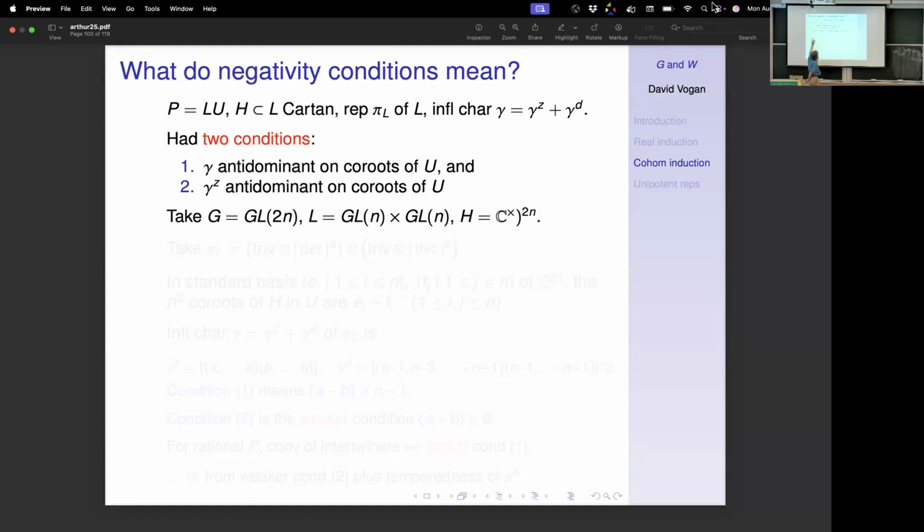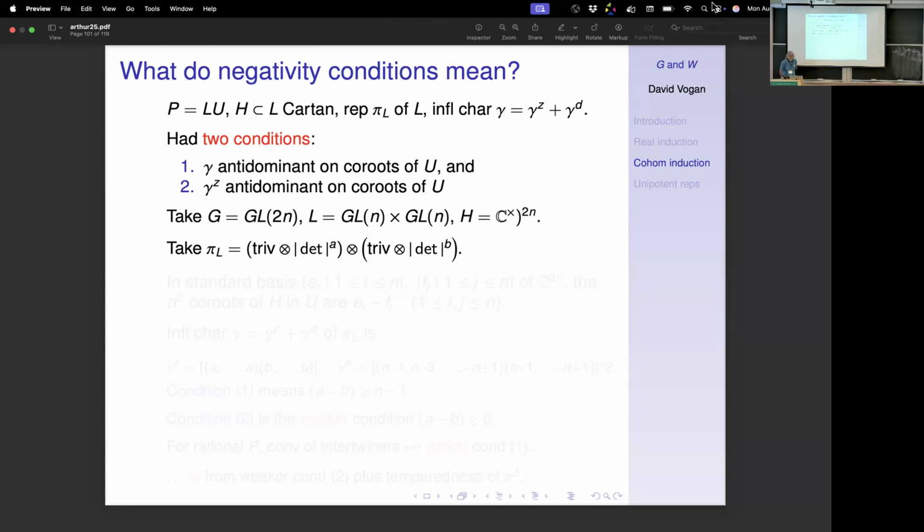I want to take this example of a Levi subgroup, GL_n cross GL_n in GL_2n. The representation on the Levi I want to take is the trivial on the first GL_n twisted by some power of determinant, and the trivial on the other GL_n twisted by some other power of the determinant.